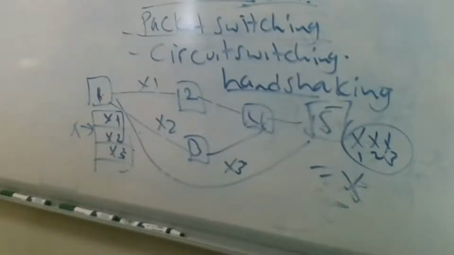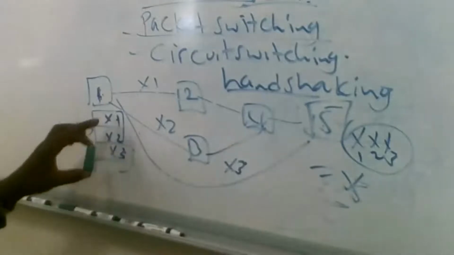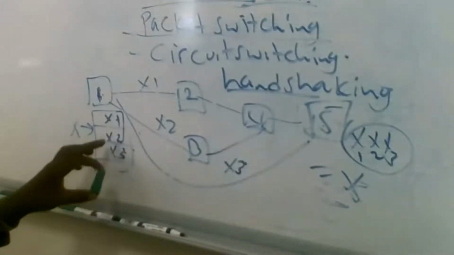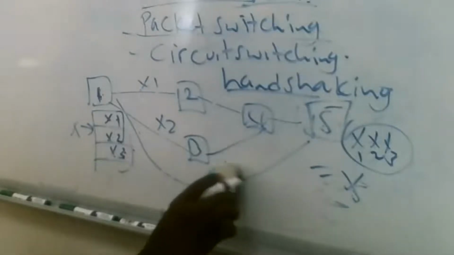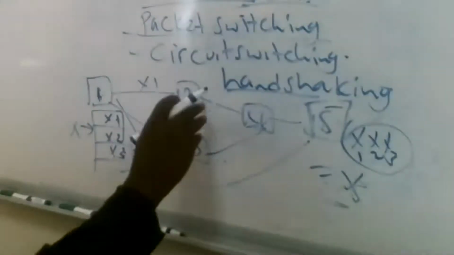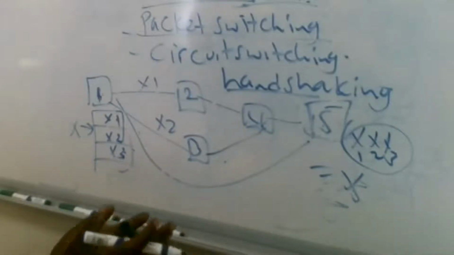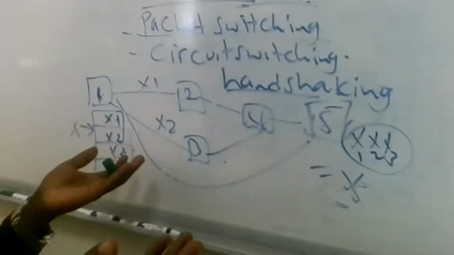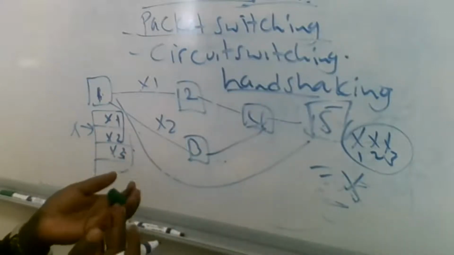Another advantage for circuit switching is that data moves at once. It's not broken down. But for packet switching, data is broken down. You may find that part of it has not been delivered. It's very possible because it does not move all at once, so some of it might be left out. In year 11, you remember we looked at parity bits and those checks.